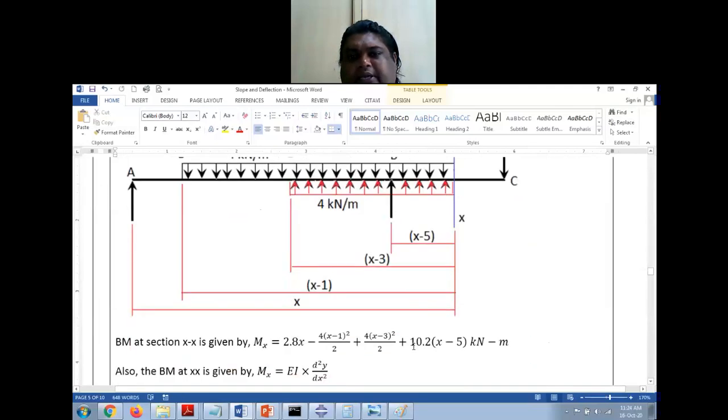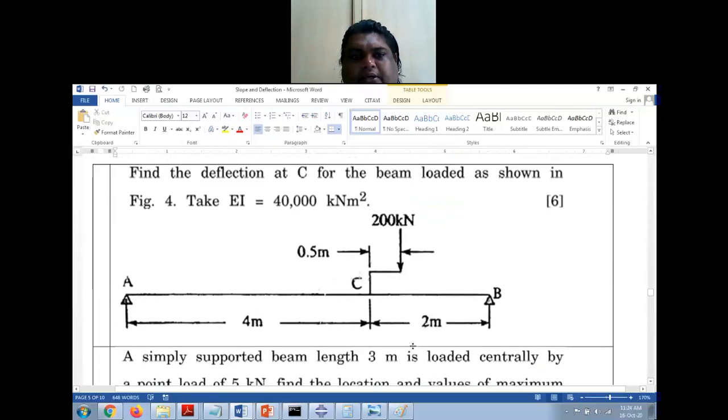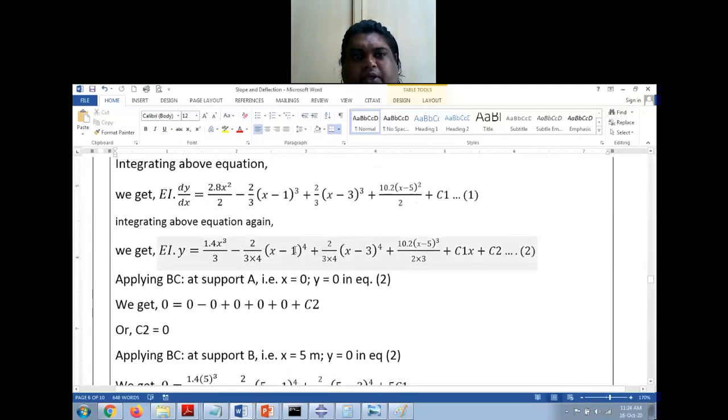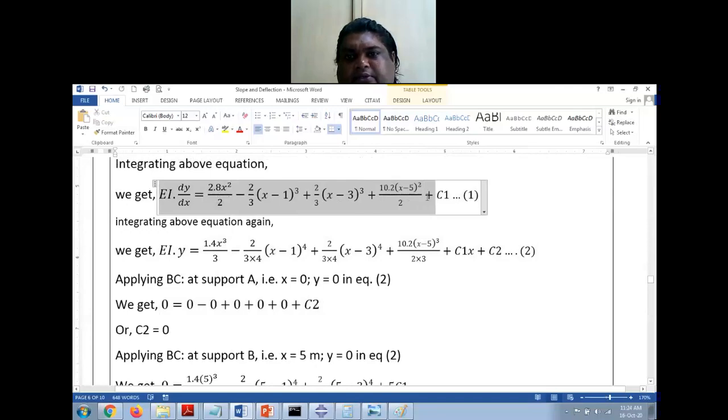So don't waste time in calculating the slopes here. So I need only deflection. However, to find the maximum deflection between the supports, I will have to use this equation. So basically we will need both equations. So let me just write the general slope equation and general deflection equation.